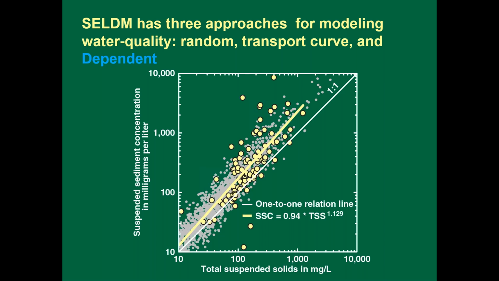USGS has shown that total suspended solids is not a good representative of the actual suspended sediment, and that's because the suspended solids method just can't capture larger particles. So in this case, we see that as the suspended solids increase, that's when you're mobilizing more sediment in the sample and you tend to get larger solids. So TSS underestimates the actual suspended sediment.